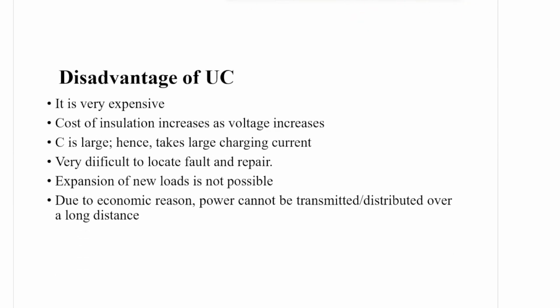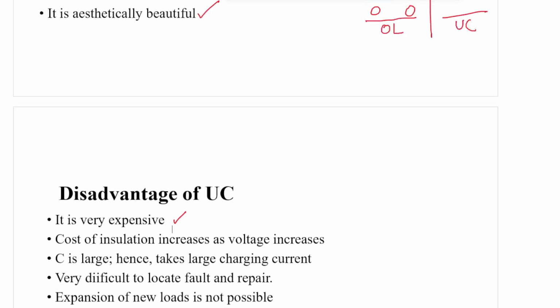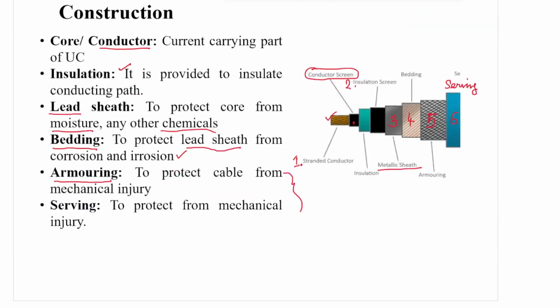Now, the other side of the coin is the disadvantages. As I already told you, it is extremely expensive because of the structure of the cable. If you compare with the overhead system, there is only one conductor, but for underground cable, you require a conductor and additional layers to protect the core and several other things.